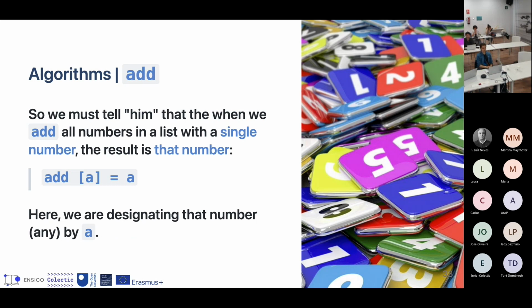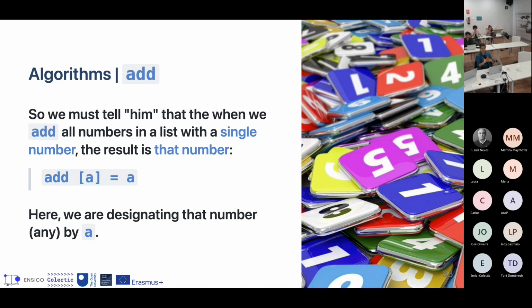We are going to say, okay, computer, if you want to add a list with a single number that we are going to call A, then the result is going to be equal to that number, A. So here A is a parameter, a variable, like X in mathematics.